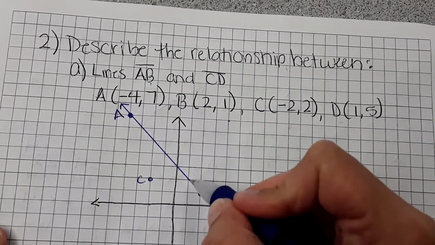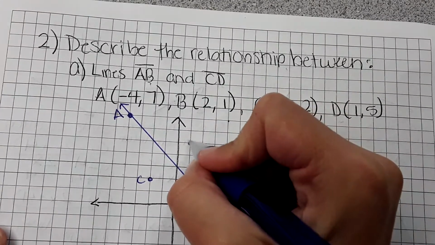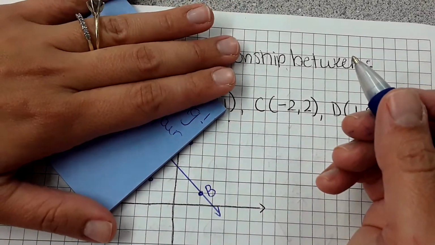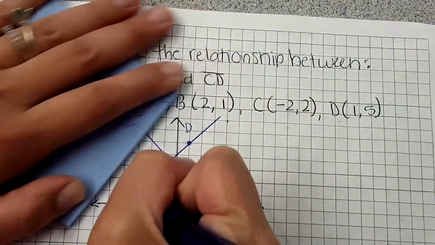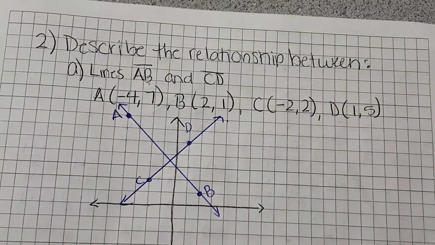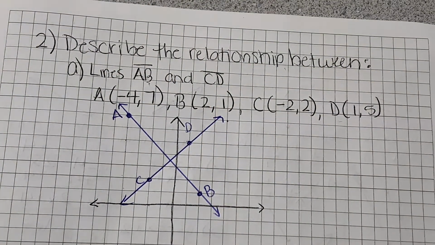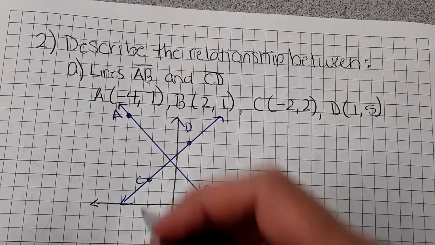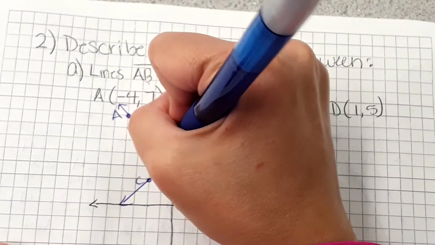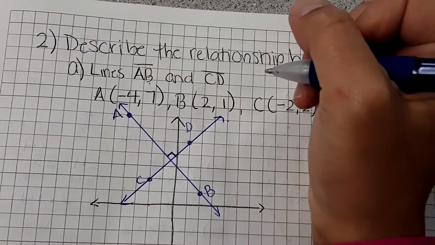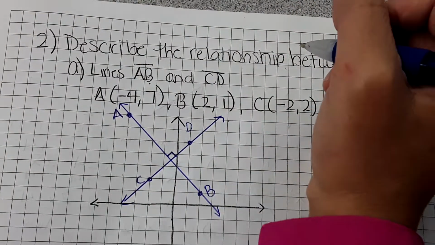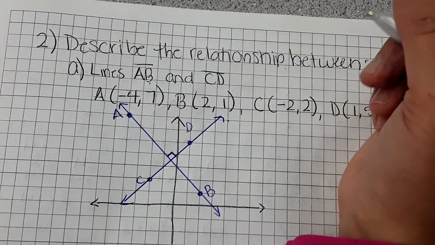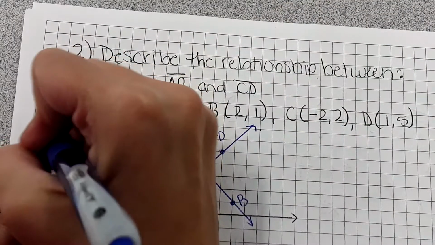And D is at 1, 5. Connect the dots. Okay, so describe the relationship between. It is definitely not parallel. It's either perpendicular or intersecting. I would bank on it being perpendicular because it does look like it forms a 90-degree angle. If you wanted to be completely sure, then you'd have to find these slopes, which isn't really a big deal.